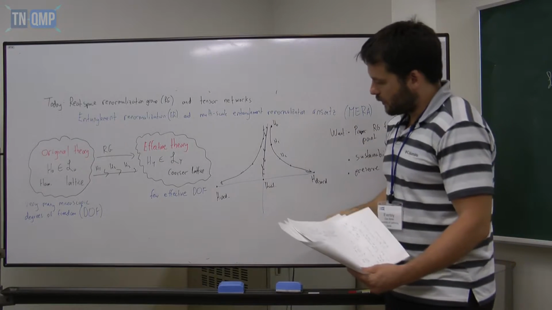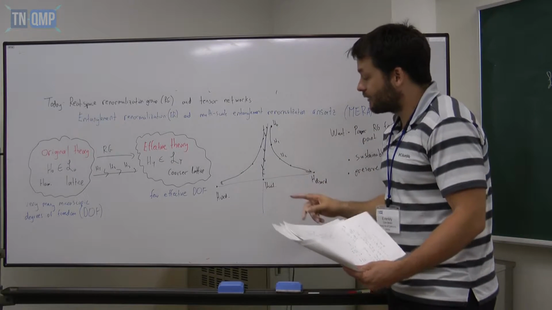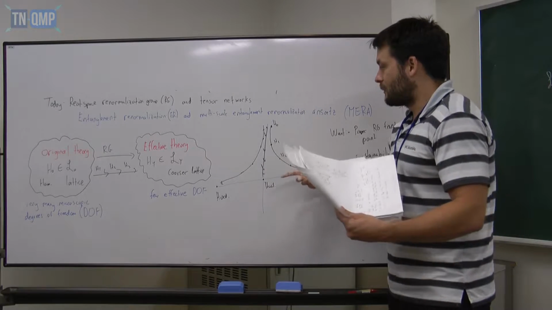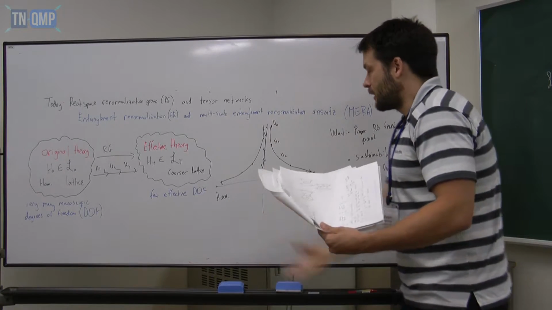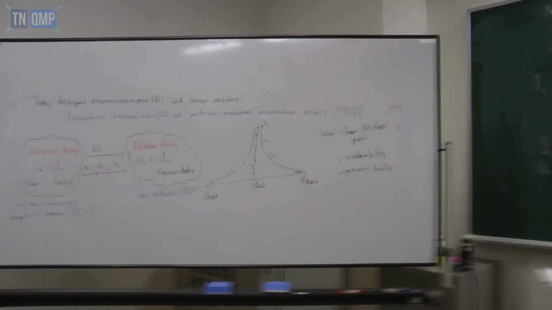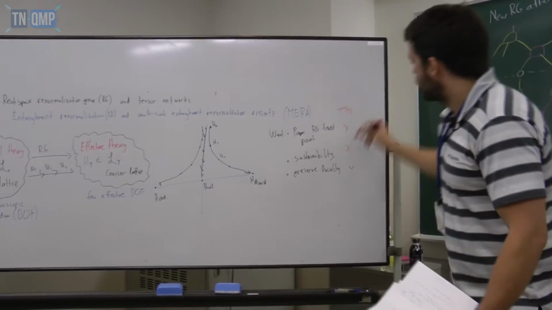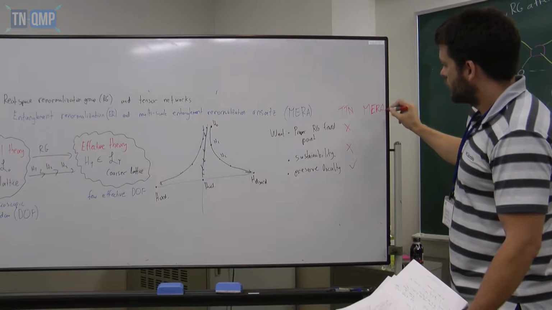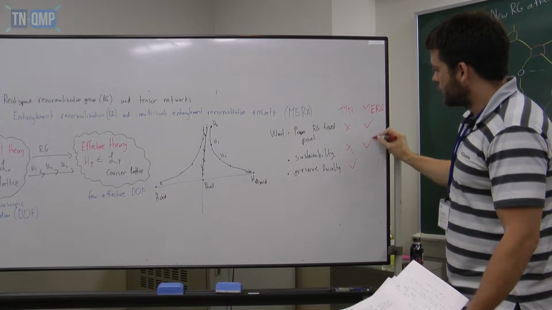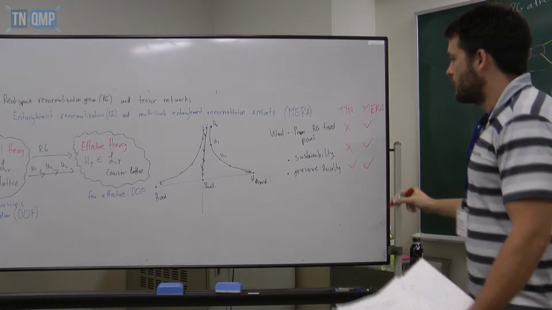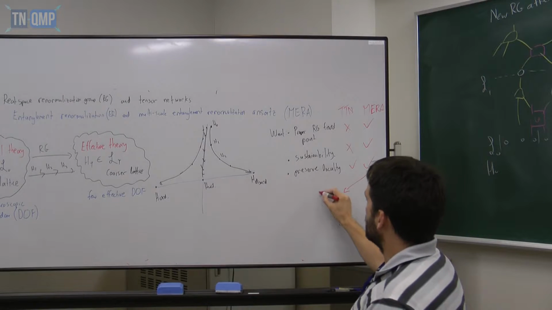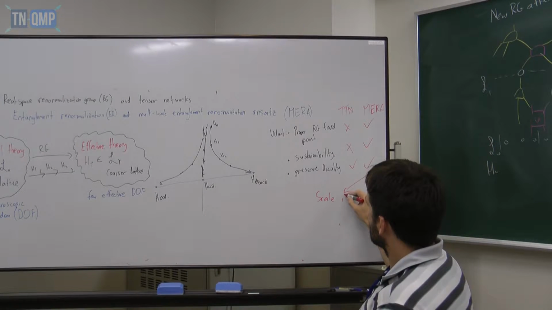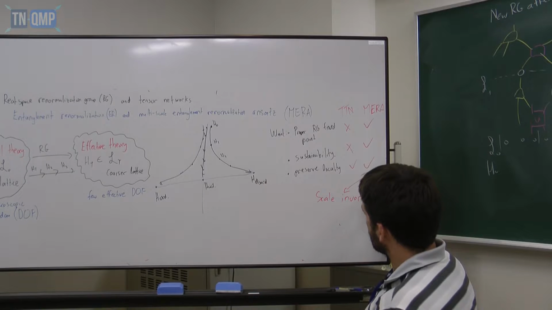If I start at criticality, I will have some scale invariant Hamiltonian appear at each RG step. Okay, so with MERA, we find when we do this, we get all of these things. In particular, we get scale invariance for critical systems.